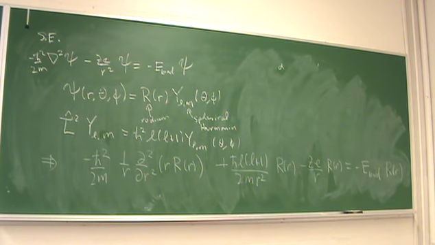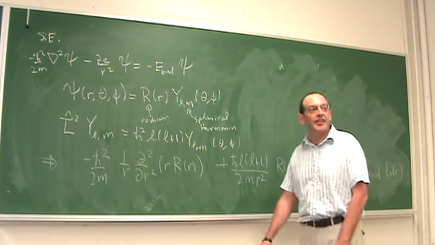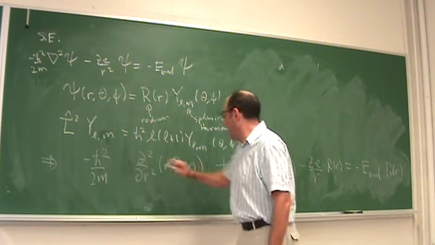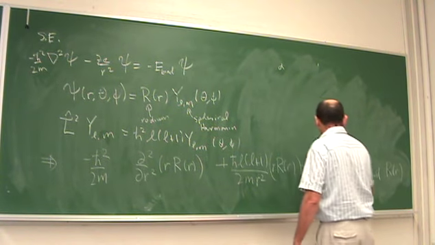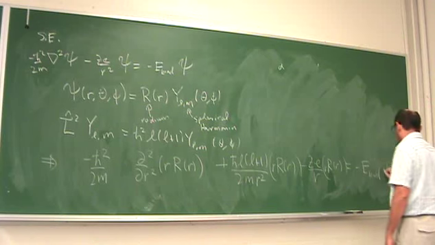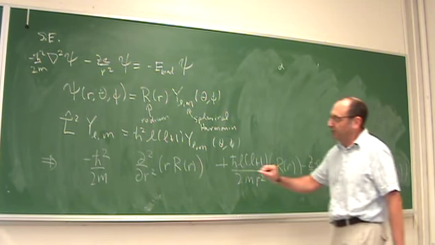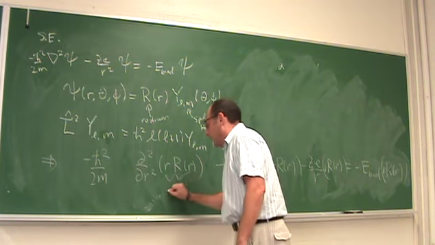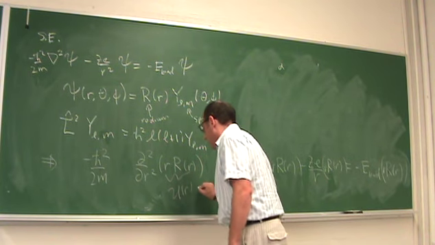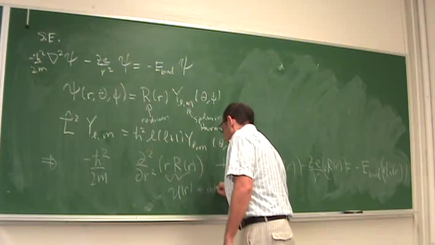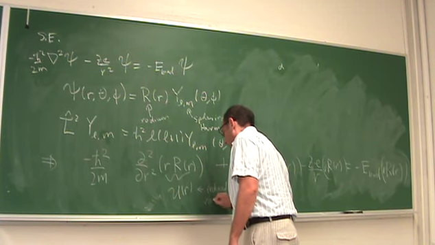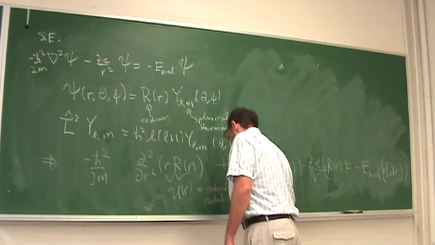And of course, you remember that this is more simply expressed if I multiply everything through by r, in which case we define this quantity as the reduced radial wave function.